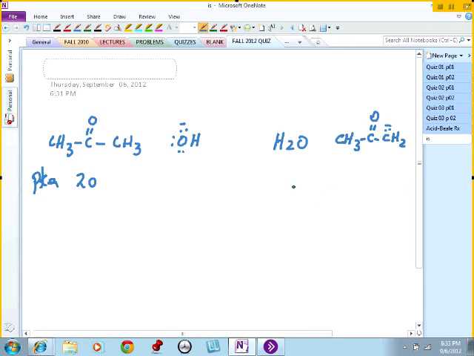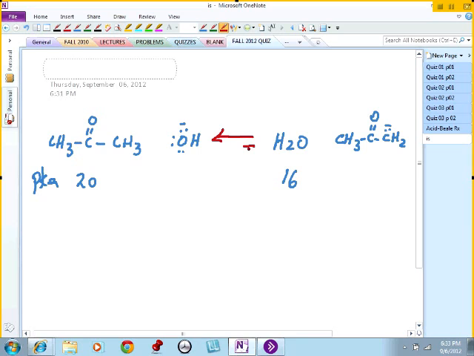We know the pKa of water is what? 16. So therefore, what direction do you expect this reaction to go? To the left. So this reaction will go mostly to the left.